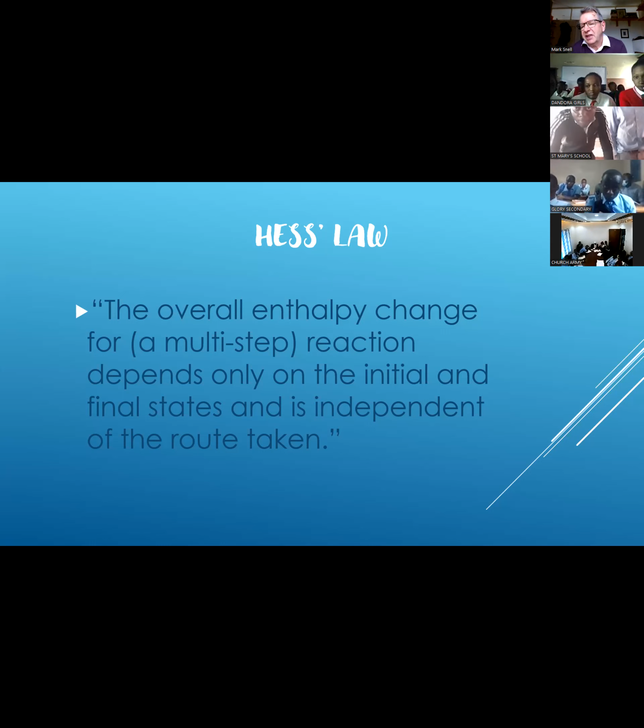It was about saying that if you look at any reaction, to know the whole energy change, all you need to know is the difference between where it starts and where it finishes. Down or up, it doesn't matter, and it doesn't matter how many steps there are in between.